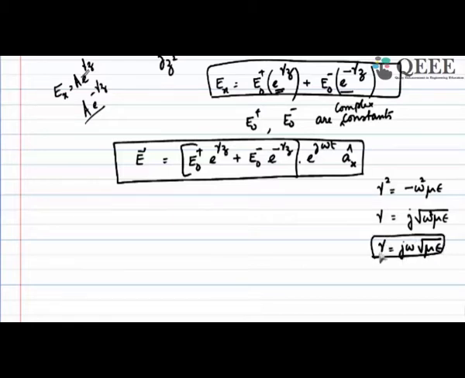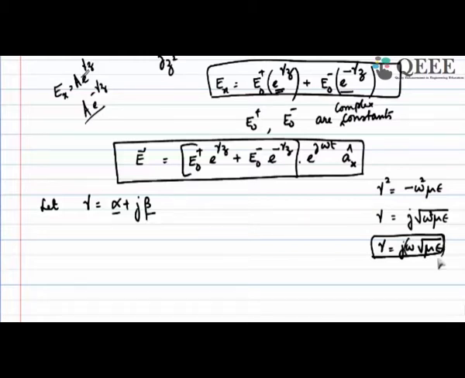This is what gamma is. Let me say, in general, let gamma be alpha plus j beta. In general, gamma is a constant complex number. It has a real part alpha and an imaginary part beta. Of course, in this case, it has only an imaginary part. It doesn't have a real part.